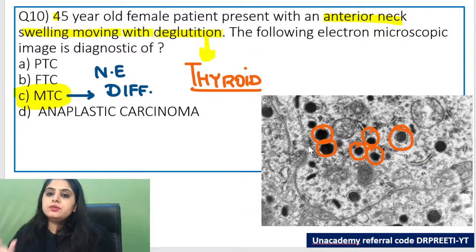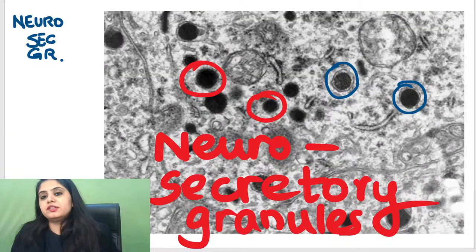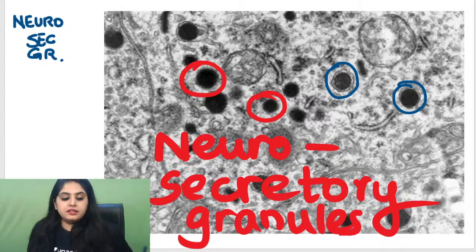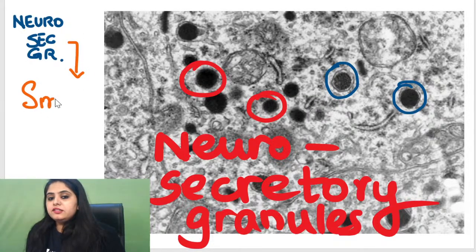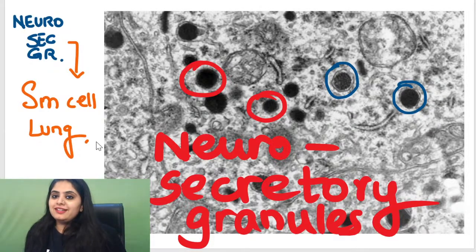Any neuroendocrine tumor of the body will show me neurosecretory granules. Now tell me, which lung cancer will show me these neurosecretory granules? Adeno, squamous, small or large? Which lung cancer? So obviously the lung cancer with neuroendocrine differentiation is small cell lung cancer. Excellent. It is small cell lung cancer, right?